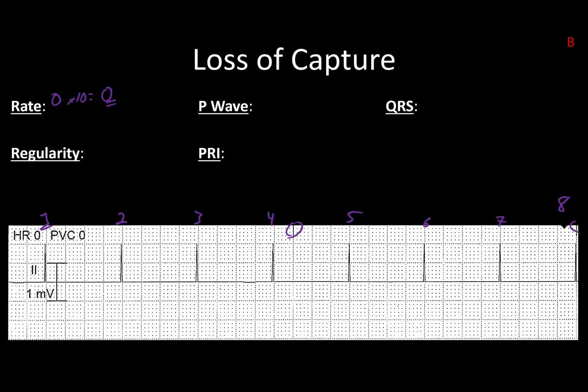So we are basically in asystole. There's no beat whatsoever. In terms of the pacer, that is from about here to here. That one's 20. Okay, so we have regular pacing.